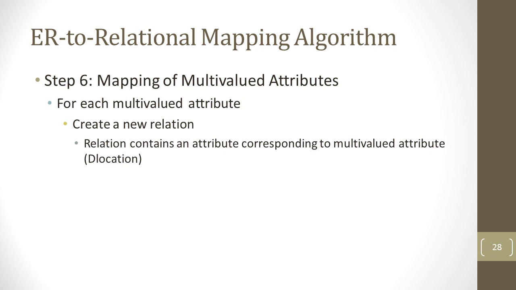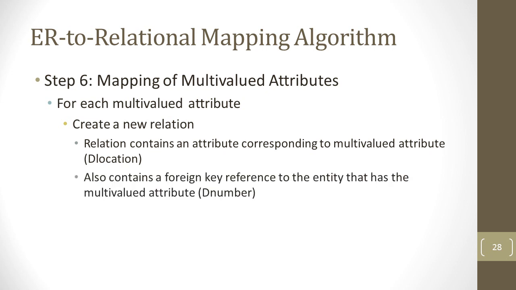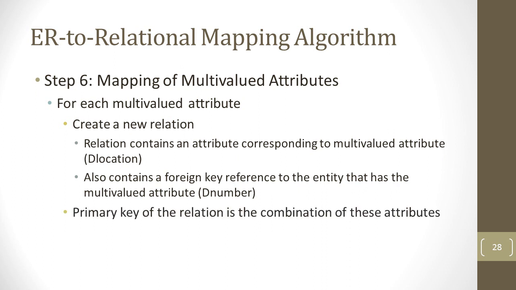So the example we're going to look at here is department location, because remember, a department could be in multiple locations. So this new relation is going to have some attribute defined as the multi-valued attribute, and then a foreign key reference to whatever entity has the multi-valued attribute. So department number would be the case here.